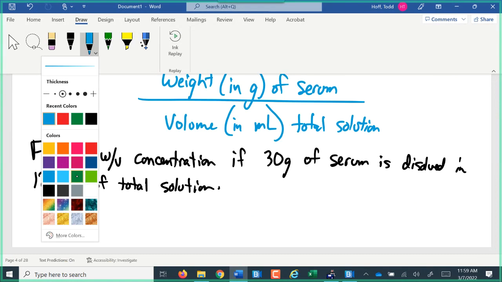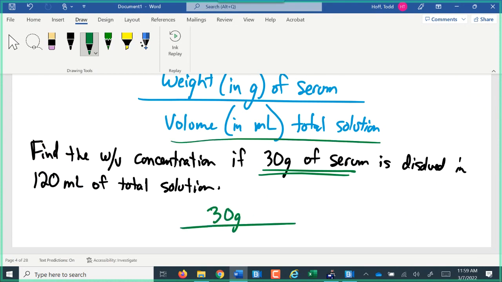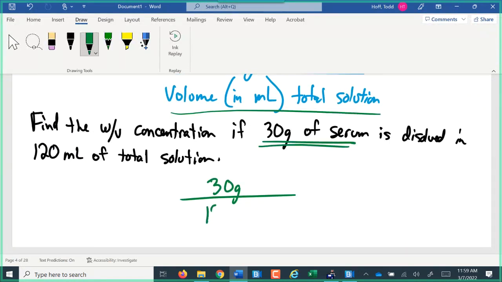So again, we need our weight or mass of serum, that's 30 grams, and our volume of our total solution in milliliters, that's 120 milliliters.